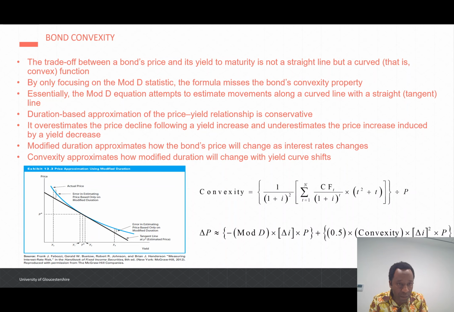Okay, so the activities that we'll be doing in a minute would basically start with how to calculate the basic duration, sometimes also called the modified or Macaulay duration, and then adapt or improve that in measuring the convexity.